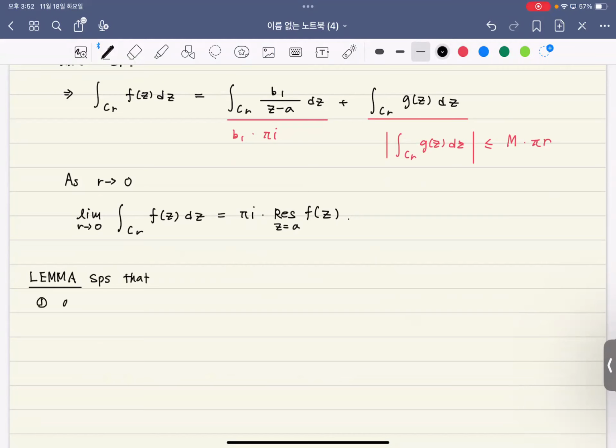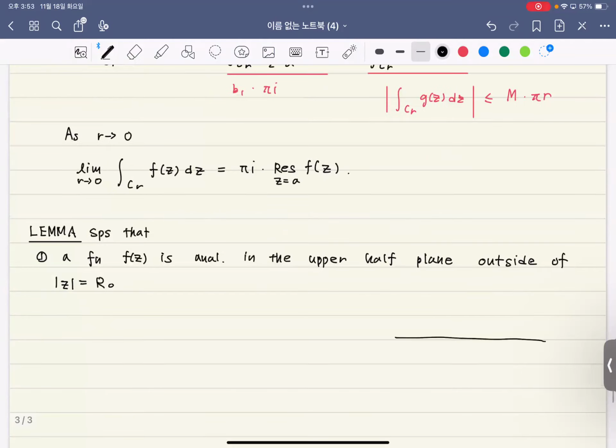I have a function f of z that is analytic in the upper half plane outside of a circle.